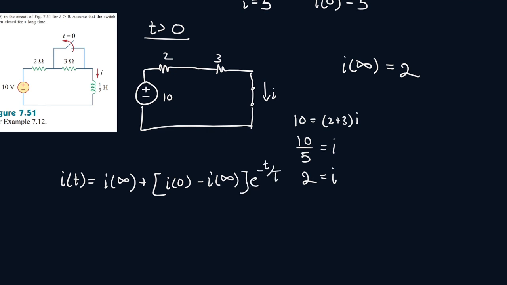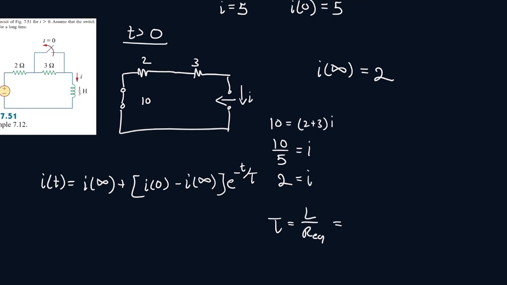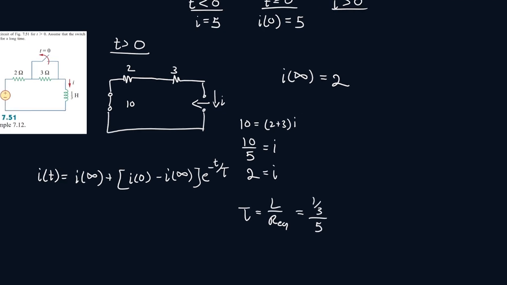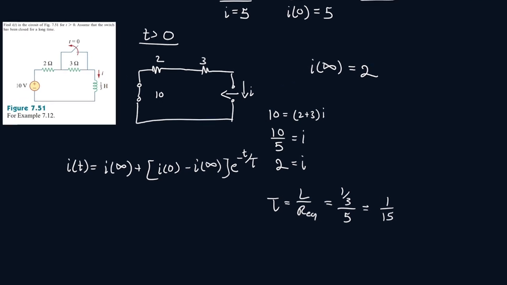The time constant is equal to the inductance over the equivalent resistance. The equivalent resistance is seen between the inductor terminals. So we turn off this source, and it's the sum of all the resistors. So 2 plus 3 is 5. So the time constant will be 1/3 over 5, and that's 1/15.